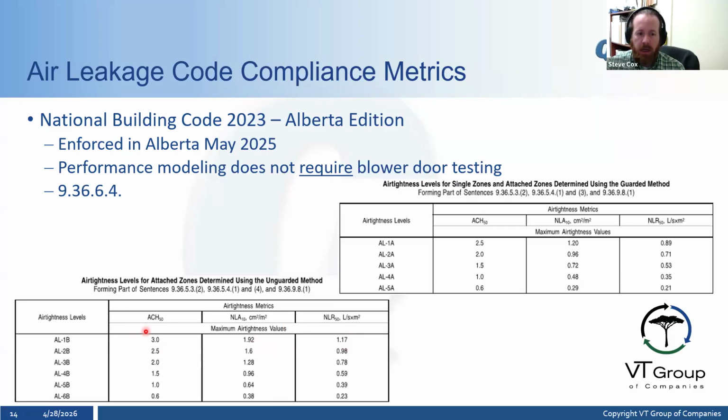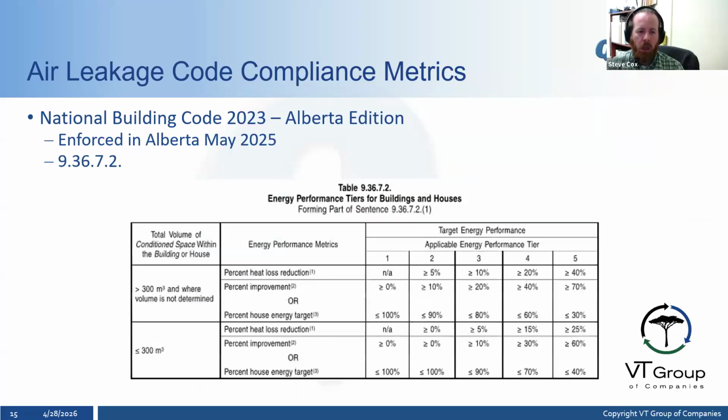So 3 air changes per hour is what they've given us for zone 1 in this instance, compared to the 2.5. They've given us 1.17 NLR compared to the 0.89. So they've given us a little boost to accommodate for the air leakage through those adjoining walls, which are not cold air like it would be through the front and back of the house. Okay, hope that makes sense.